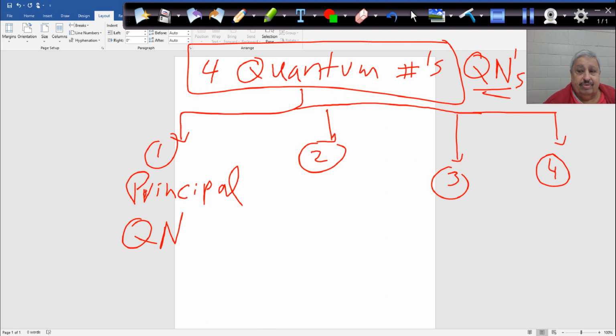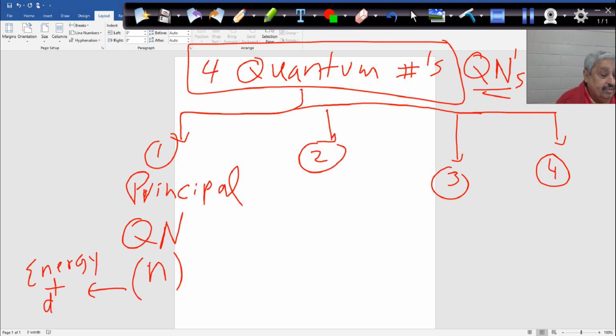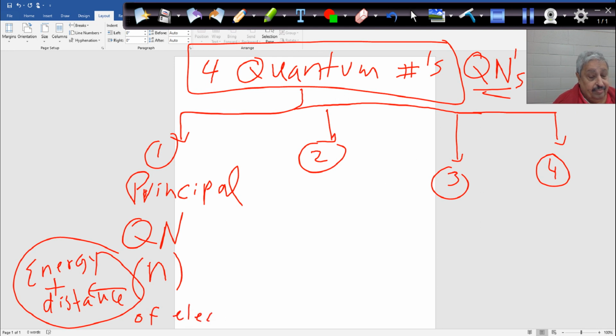The principal quantum number is given the symbol small n. It describes the energy plus distance of the electron density from the nucleus.